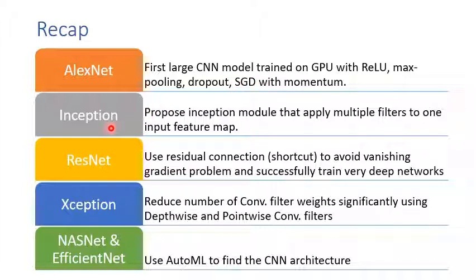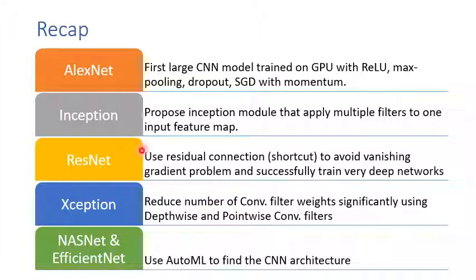The second is the Inception network. It proposes the inception module, which applies multiple filters to one input feature map. So it has multiple branches, and then combines the feature maps together, concatenating the outputs of multiple filters.